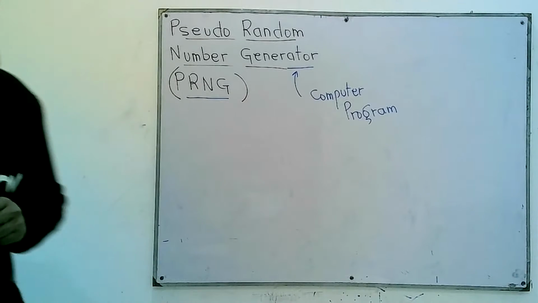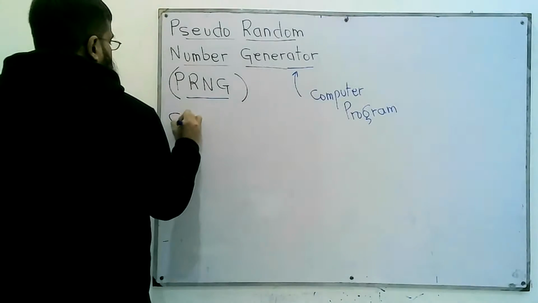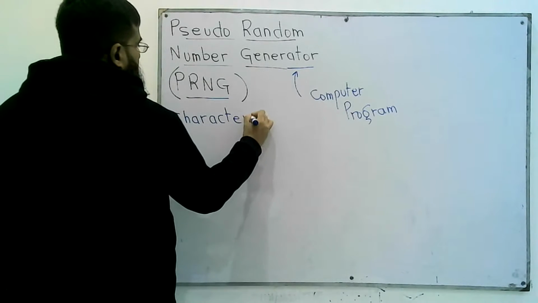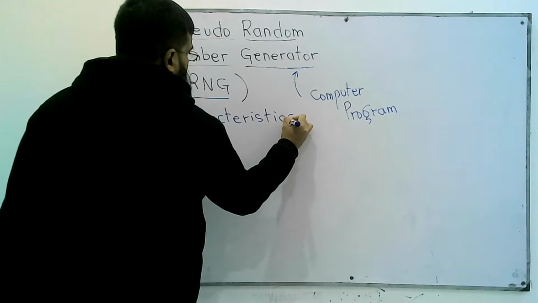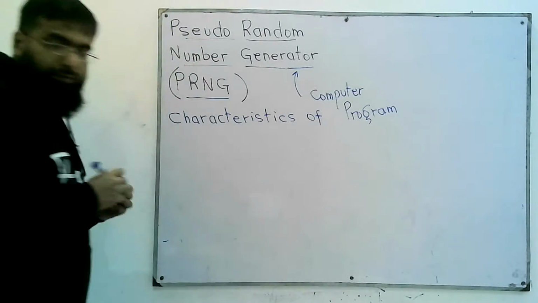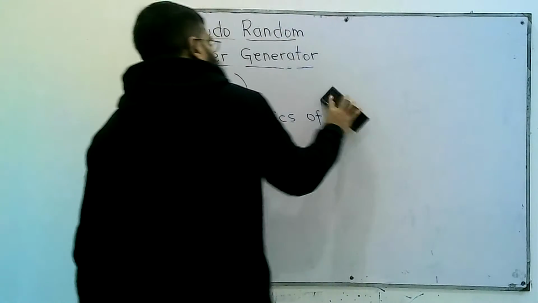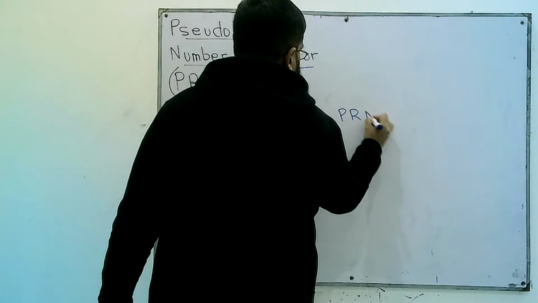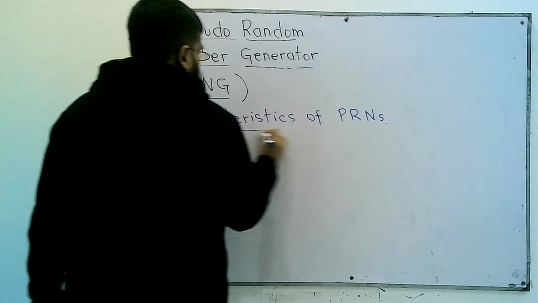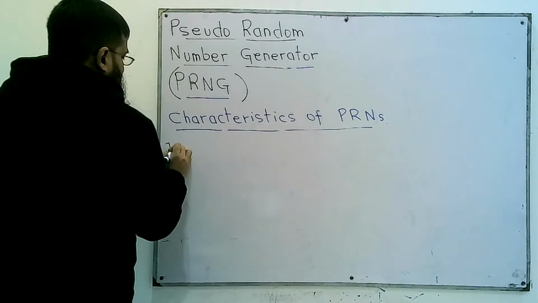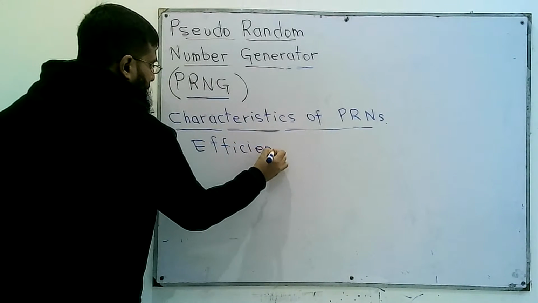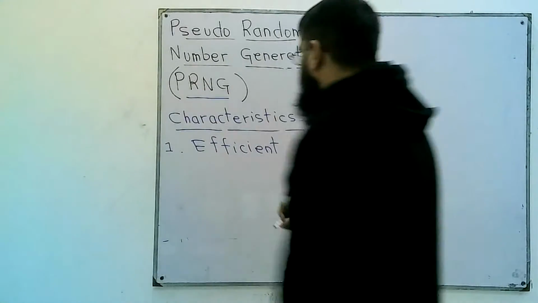And there are three main characteristics of pseudo-random numbers. कौन से हैं जी? Three characteristics. Number one is, it's a good thing about random numbers, they are efficient.